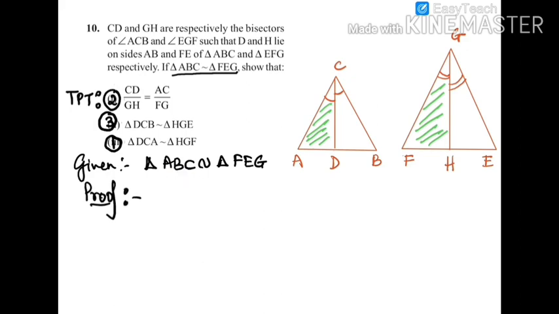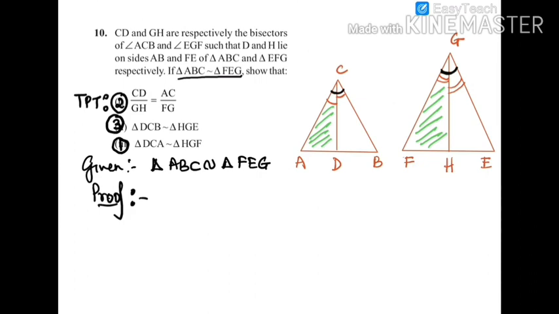We are given that triangle ABC is similar to triangle FEG. So what does that imply? That angle ACB will be equal to angle EGF. So if these two angles are equal, then their halves will also be equal.